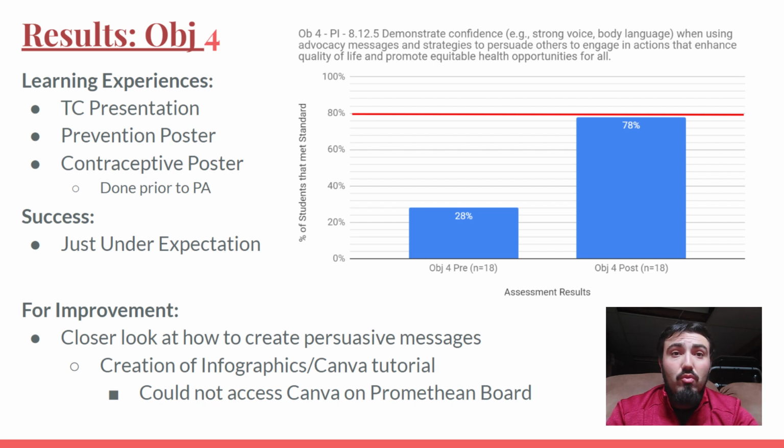I also had to deal with some technical issues that probably impacted this objective and the last one. While the students were able to access Canva no problem on their Chromebooks, I was unable to pull it up on the Promethean board.